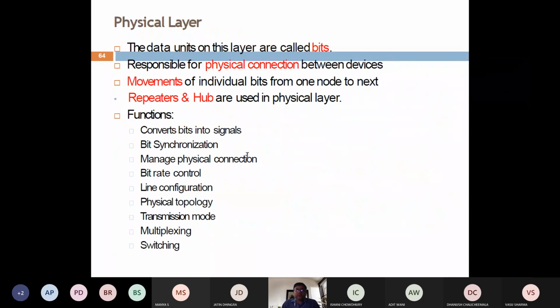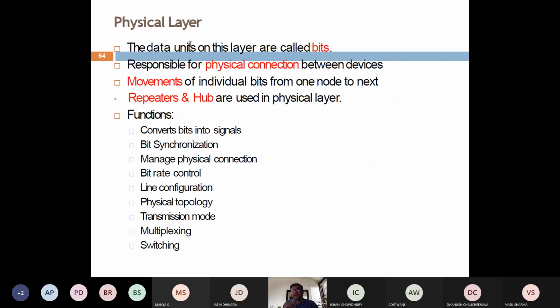Now we'll discuss each layer one by one. The first one is the physical layer. What is the data unit here? Whenever data is transmitted through the OSI reference model, it is present under different names.